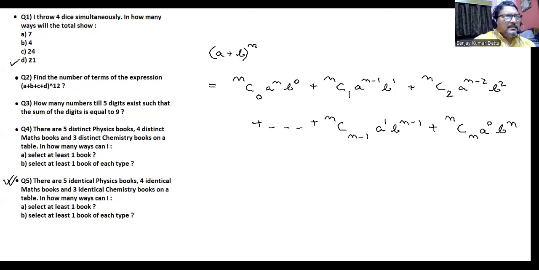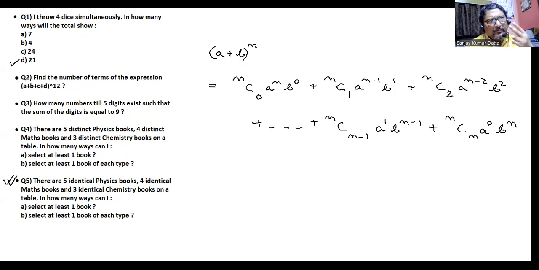I hope you have observed before. First, that nC0, nC1, nC2 and so on until nCn, it ends. Right? Okay. Now, how many terms are there? You can say it from here only. Total number of terms, how many are there? Very nice. 0 to n, and that is n plus 1. So whenever you have two terms, you don't need to calculate.